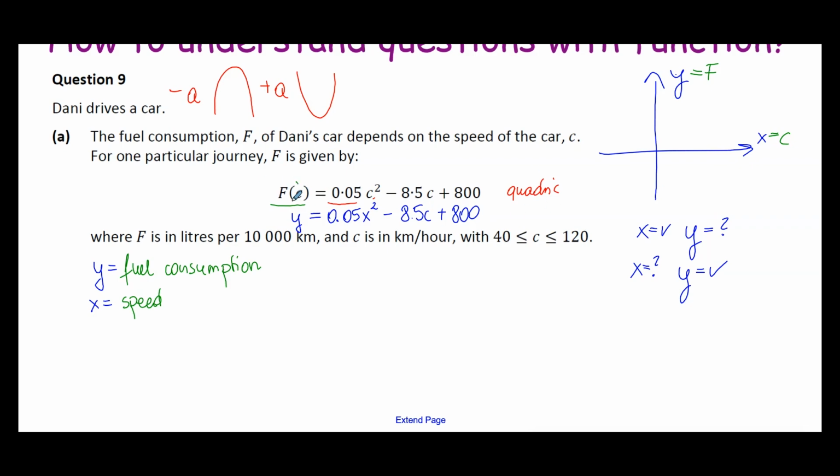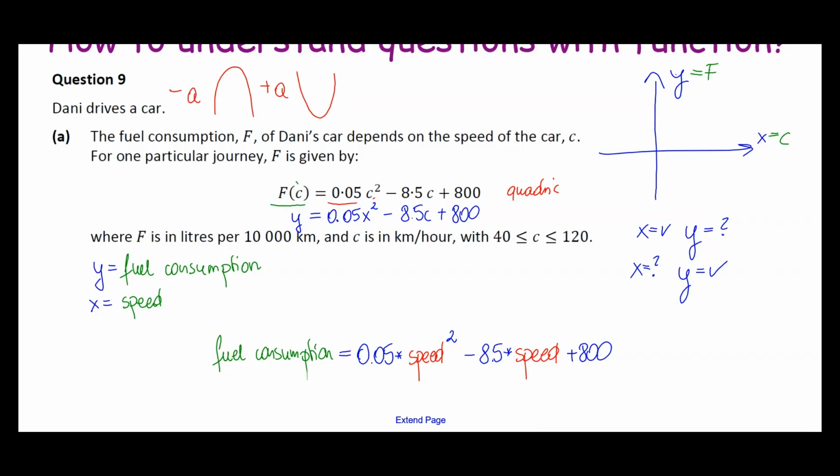This is the value of y, so that is fuel consumption, equals 0.05 multiplied by speed to the power of 2, minus 8.5, again multiplied by speed, and then plus 800.